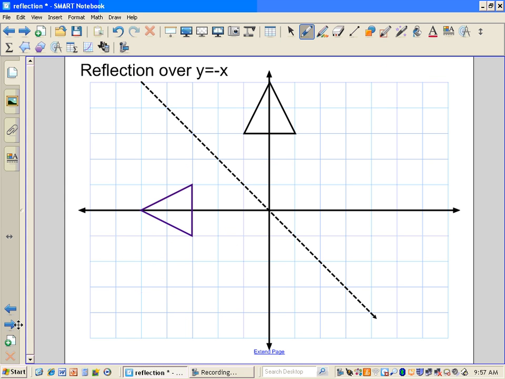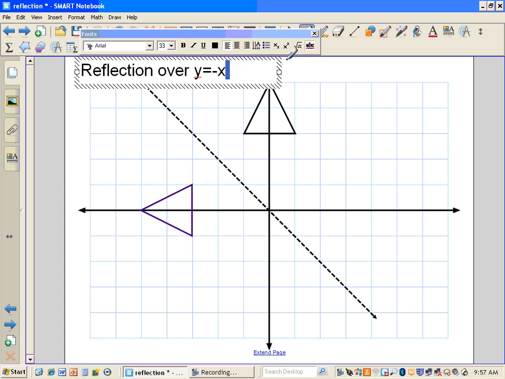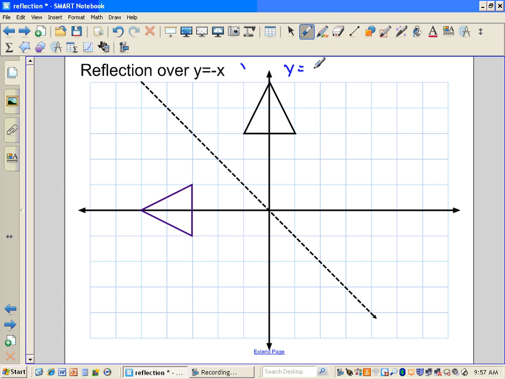One more reflection here. This is the line y equals negative 1x plus 0. Again, if we have A, B, C, this is the negative diagonal. So we're reflecting, so this is C prime, this is B prime, and this is A prime. Let's see what happens here.